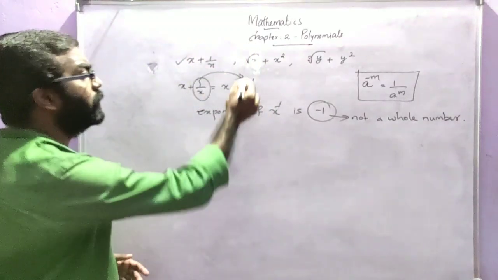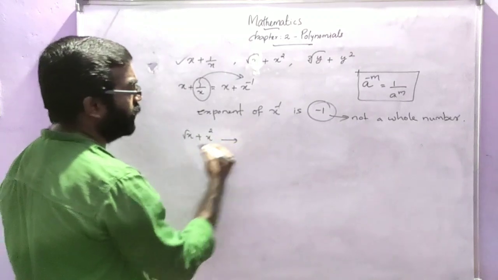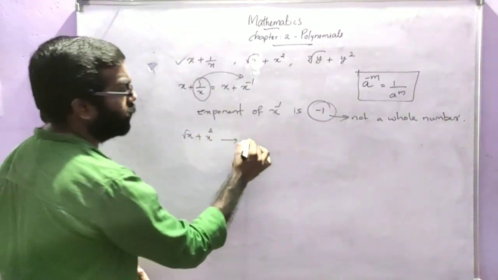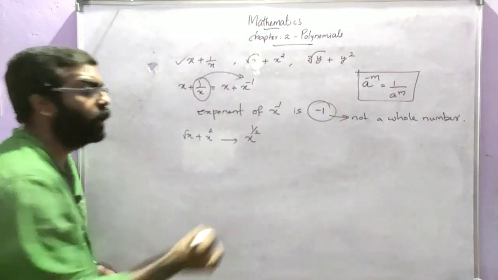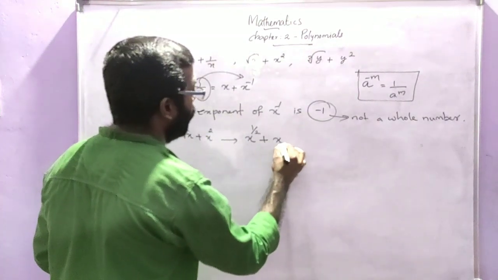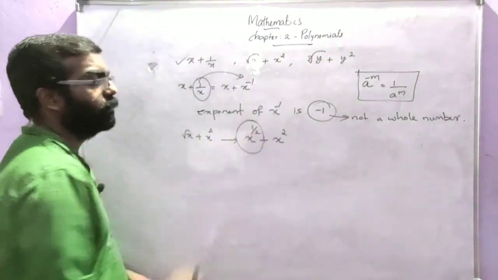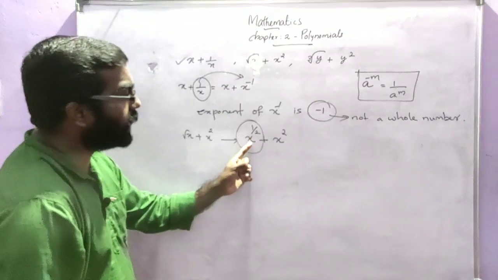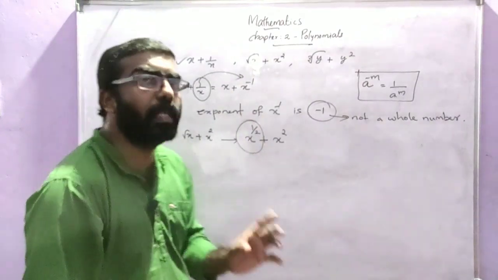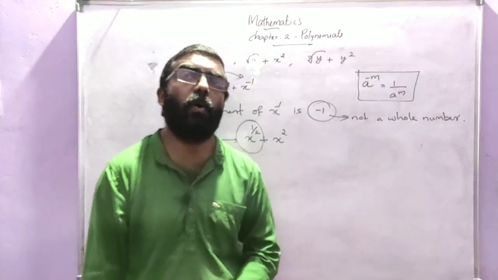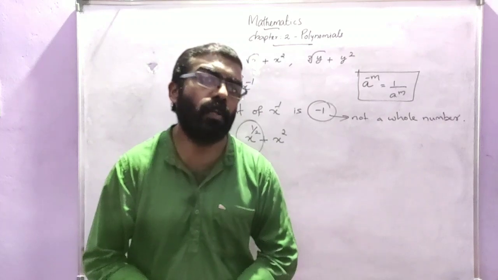Okay, now look at the second example, root x plus x square. Root x can be written in power form as x raised to 1 by 2, that is, x raised to 1 by 2 plus x square. In the first term the exponent is 1 by 2 and it is not a whole number. So the second one is also not a polynomial.